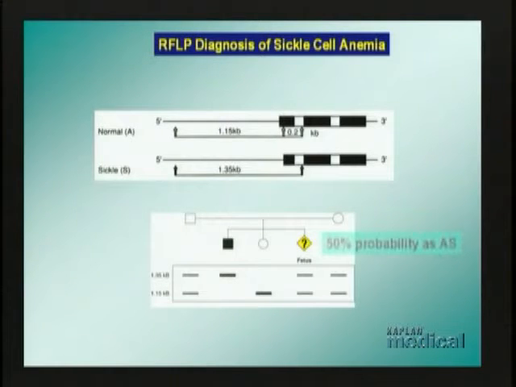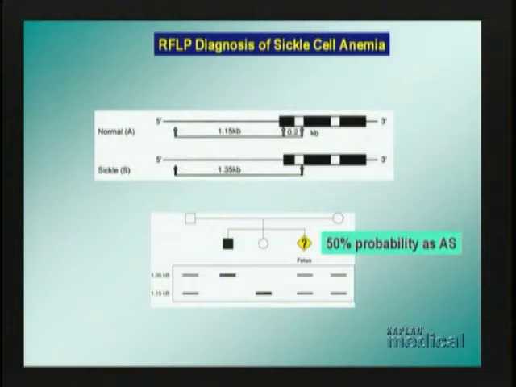The answer is, based on the pedigree alone, the fetus has a 50% probability of being a carrier for sickle cell anemia. Why? Because sickle cell anemia is an autosomal recessive mode of transmission.